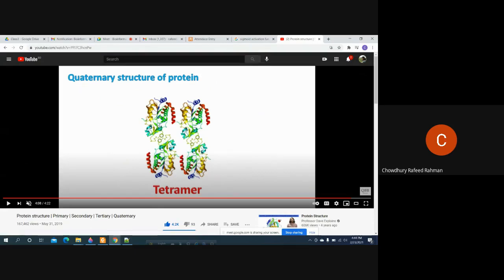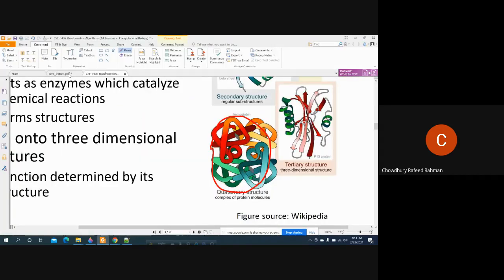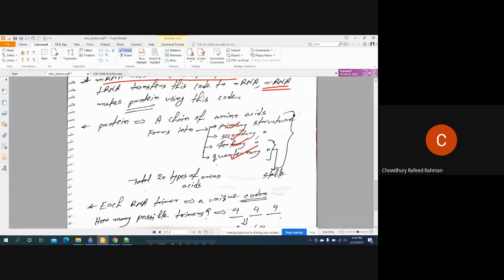So there is nothing special about them. You have to remember one thing: the tertiary and quaternary structures of protein are the ones which are stable. The other two structures are not stable, and we cannot find them independently inside our cells. We can find these two inside our cells independently. These are stable structures. So that's all about protein.